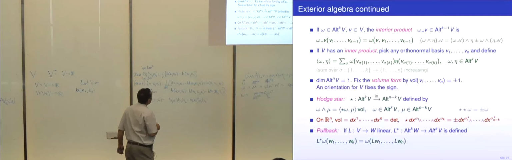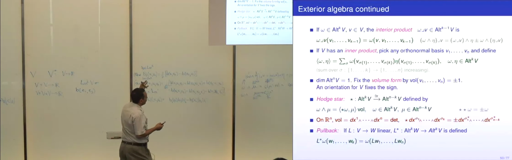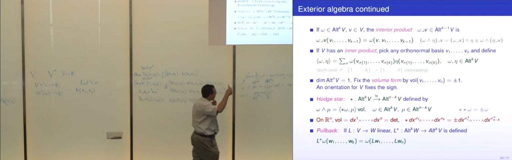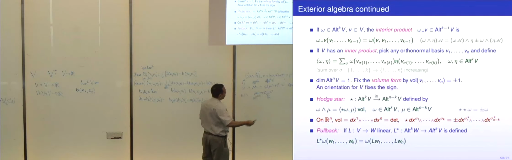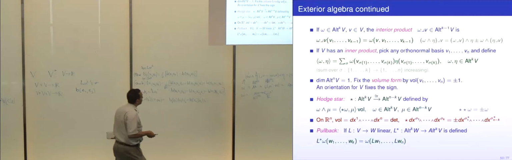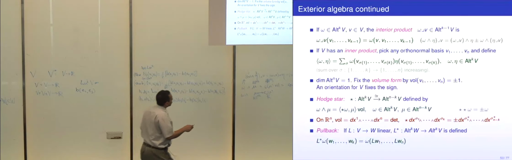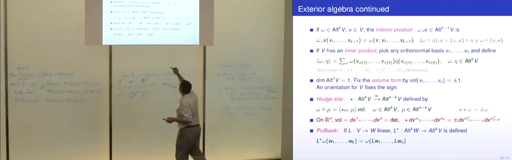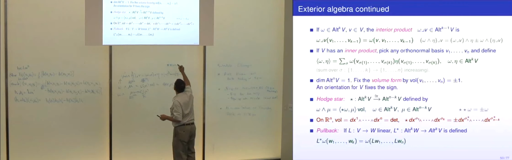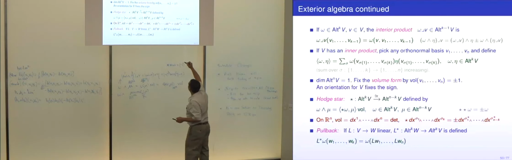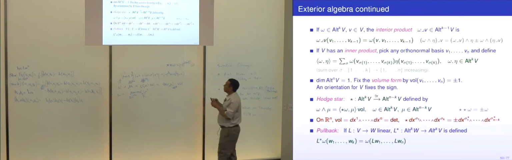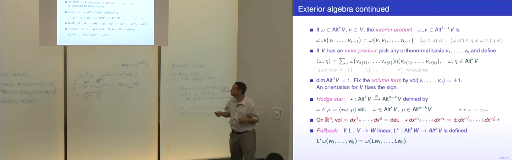Just like we could identify a zero form, which is a real number, with an n form, which is a real number times the volume form, once we've chosen what our volume form is. Star star omega is, here I'll write down one more sign. Star star omega is -1 to the power of the product of k and n minus k, times omega. And again, you always get confused with the signs, but they make no difference, so don't worry about it.